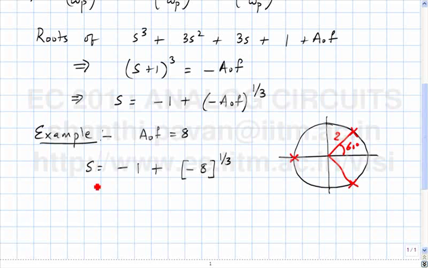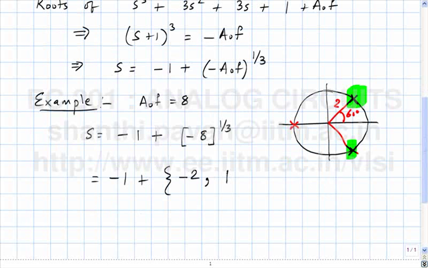So the roots of the equation are minus 1 plus the 3 roots of minus 8, which are minus 2, 1 plus minus j root 3, correct. The 3 roots are minus 3, what else? Plus or minus j root 3.